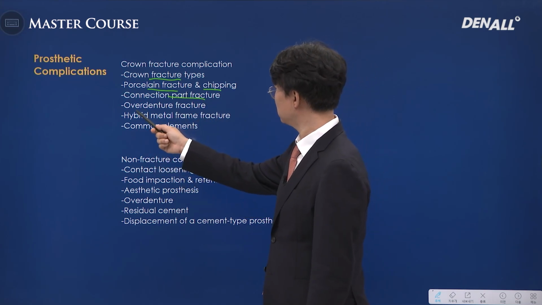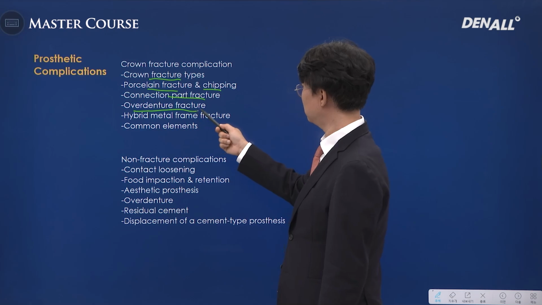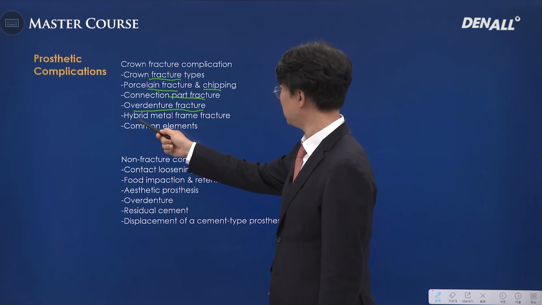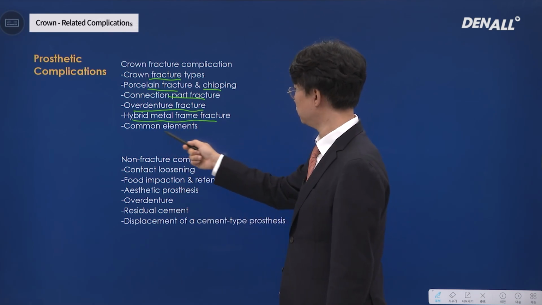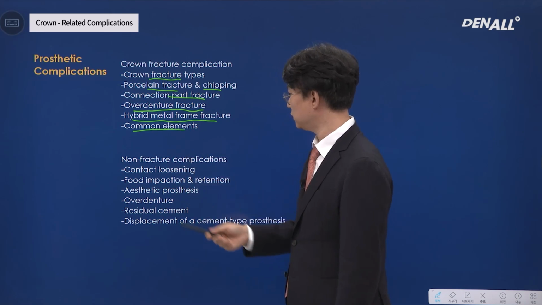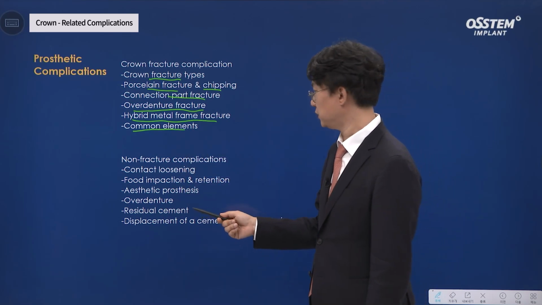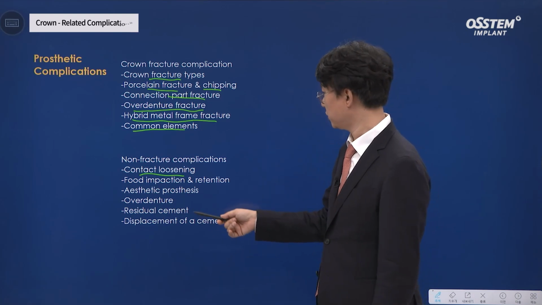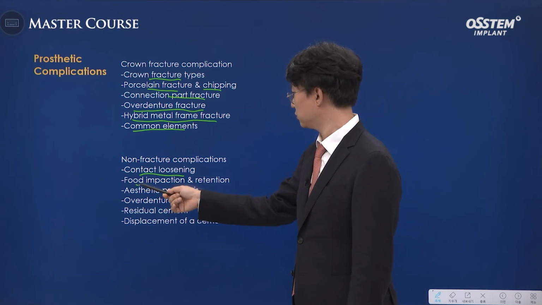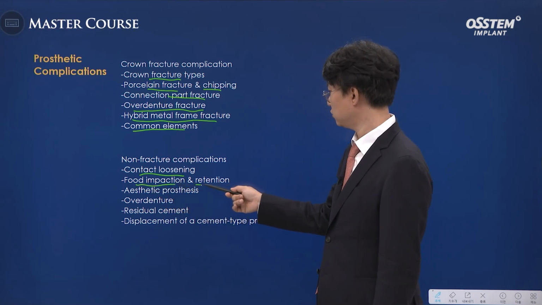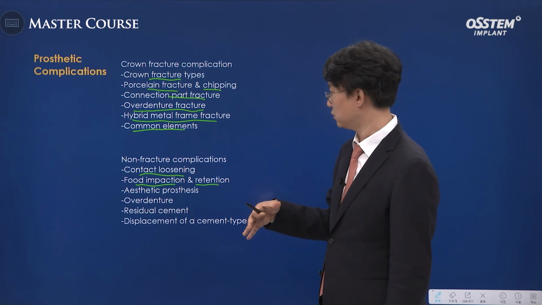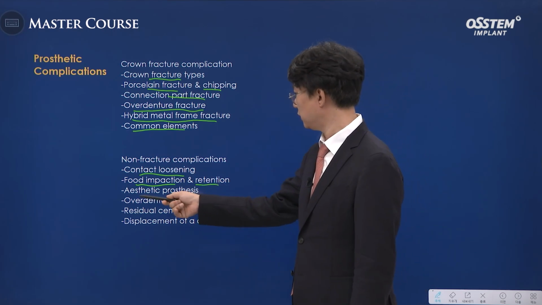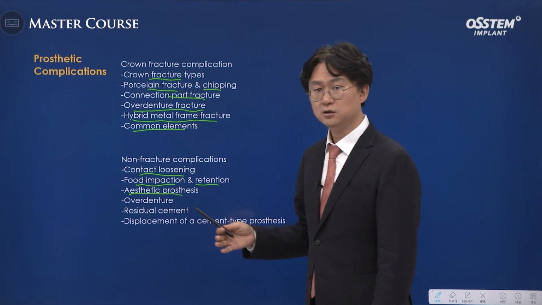There are complications associated with dentures, which will not be covered today. Hybrid metal frame fractures, and complications not related to fractures. Mechanical complications from screw loosening, contact-related food impaction, and food retention due to prosthetic shapes. And some aesthetic problems in the anterior region.